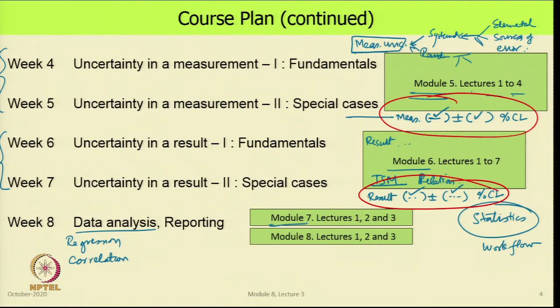This was in a series of lectures in module 7, and we said that regression is a relation between an independent variable x and a dependent variable y, where x and y could be any of these measurements from the experiment or any of the results from the experiment. So, x could be any of them, y could be any of them except the one that is chosen for x.